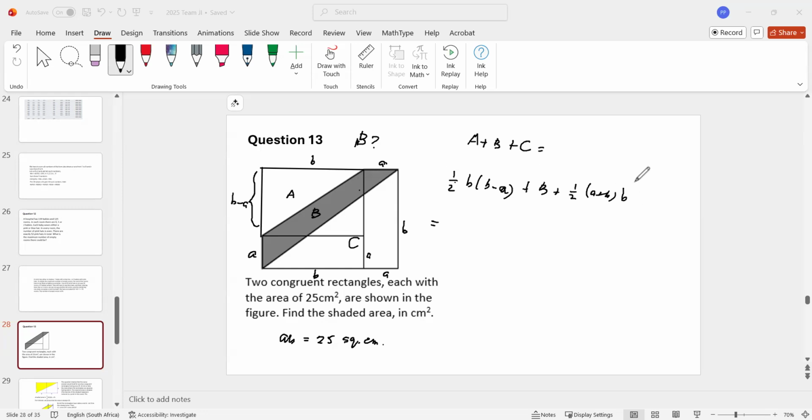And oh yes, this is actually equal to length times breadth. So this is half B into A plus B. Length A plus B, breadth is that. And that's the area of the rectangle.